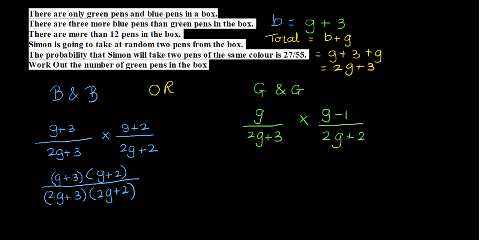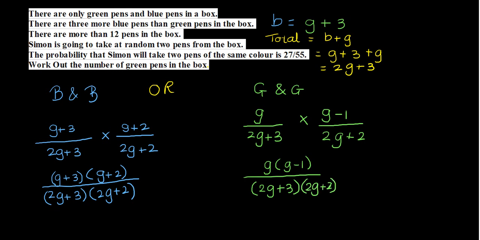And again, you've got a quadratic. I can expand this. G times G minus 1 over 2G plus 3 times 2G plus 2. I'll expand it on the next page, I guess.